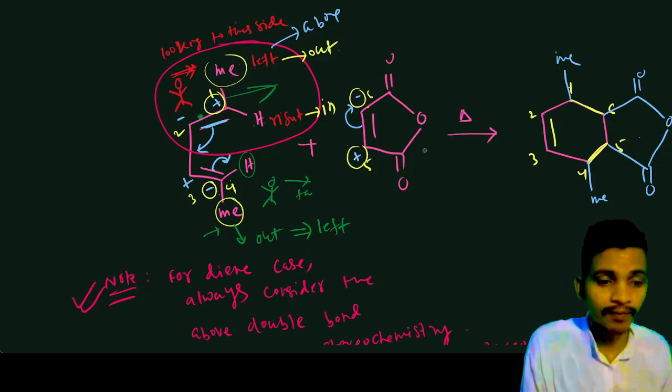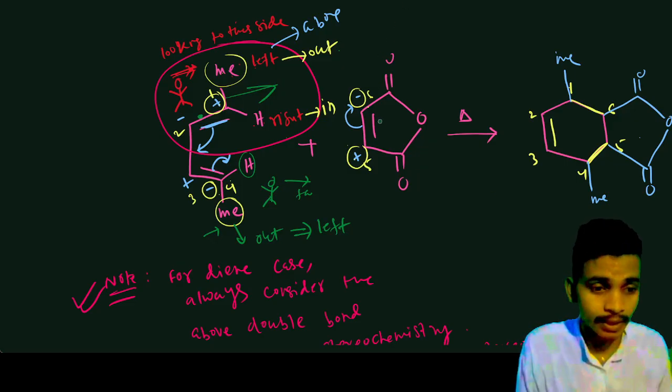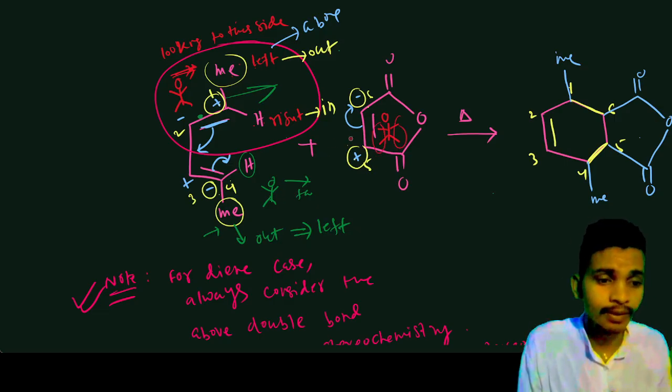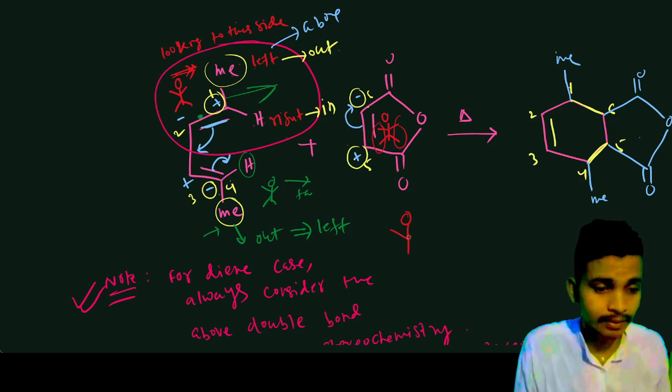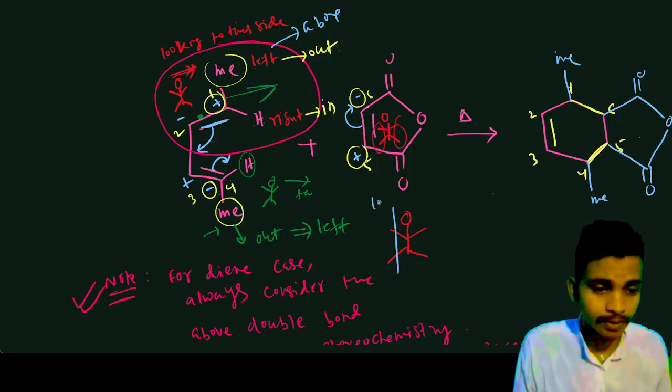And for the dienophiles, it will look like this. You are standing here, then these are the left hand sides and this is your right hand side. So these are your left sides and these are your right sides.